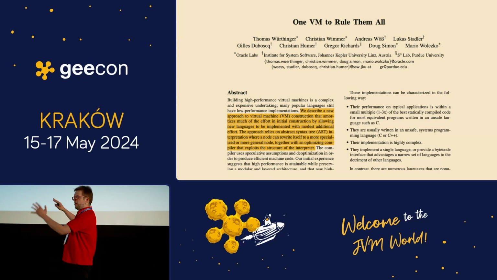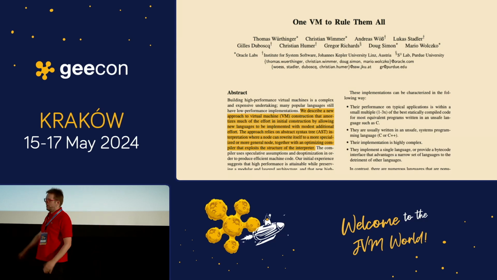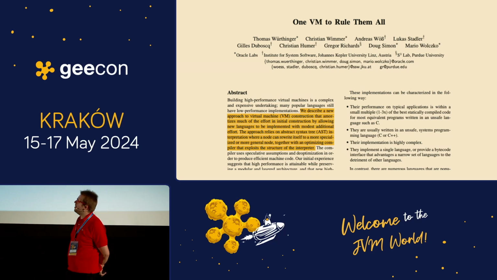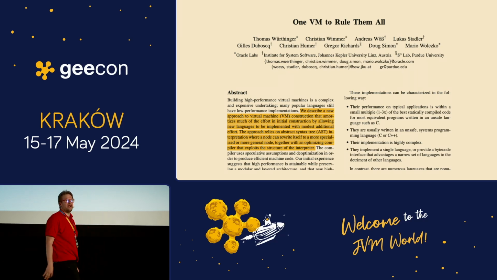Let's get back to the mentioned paper. In that paper, the original one, "One VM to Rule Them All", so once again a Lord of the Rings reference, the project was described a bit differently. Their goal was to create a virtual machine that would allow implementing a lot of different languages, because they would be using a structure different from bytecode.